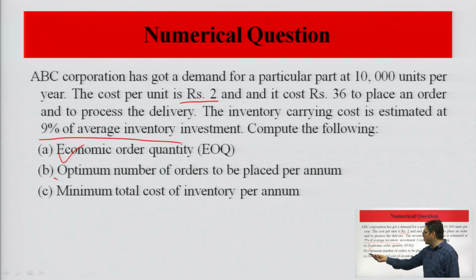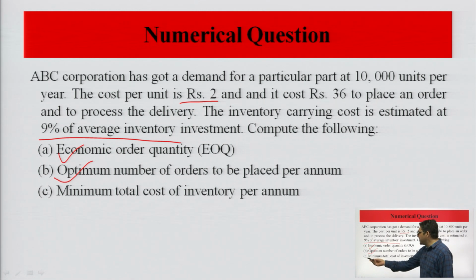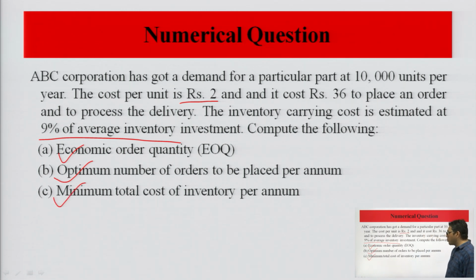We need to calculate the optimum number of orders to be placed per annum, and the minimum total cost of inventory. So, these have been specified by the organization. What will be the economic order quantity, and the optimum number of orders that a particular organization can place?